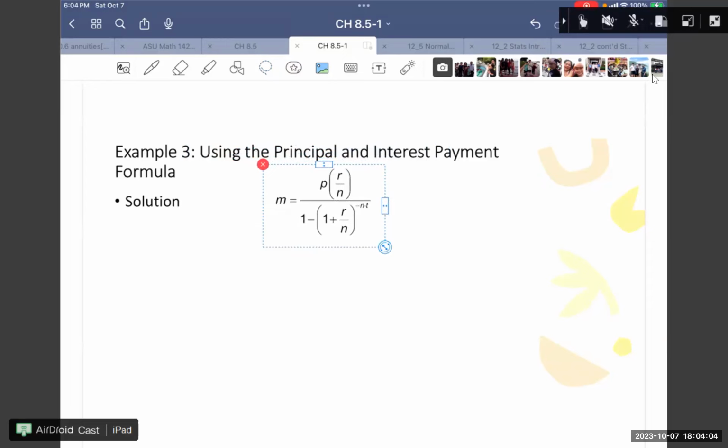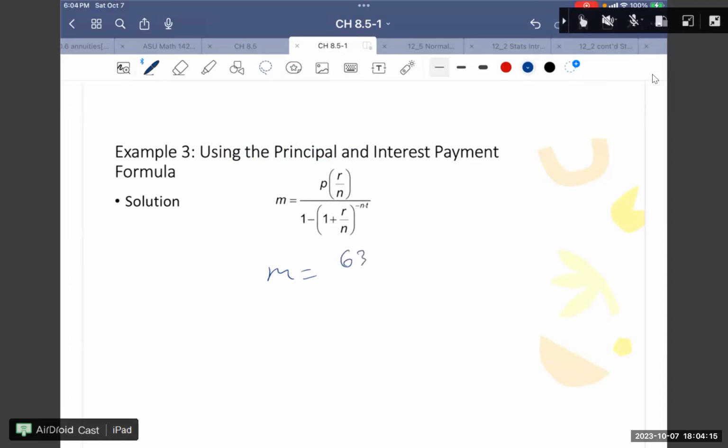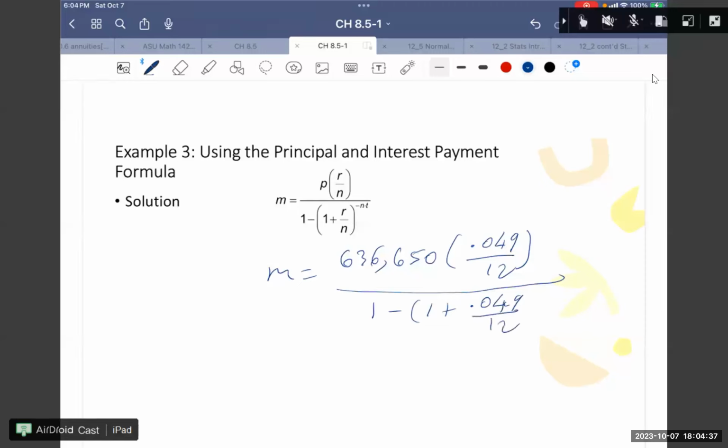Okay, so we can use this formula, right? So we have M equals the principal, 63650, and 0.49 and 12, over 1 minus 1 plus 0.49 over 12, to the power of minus 12 times 30.